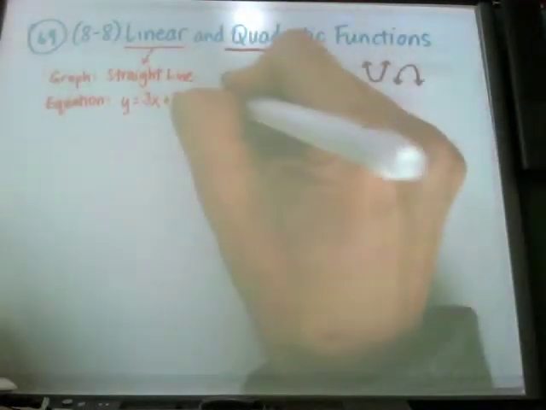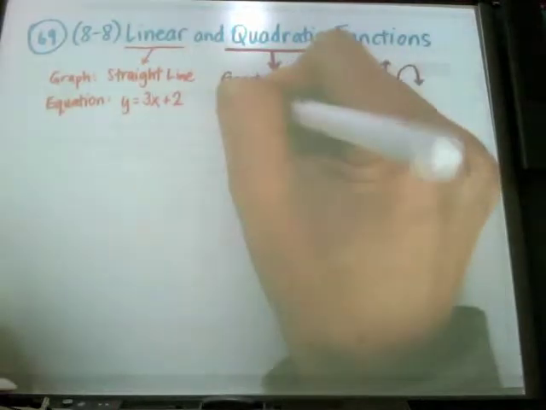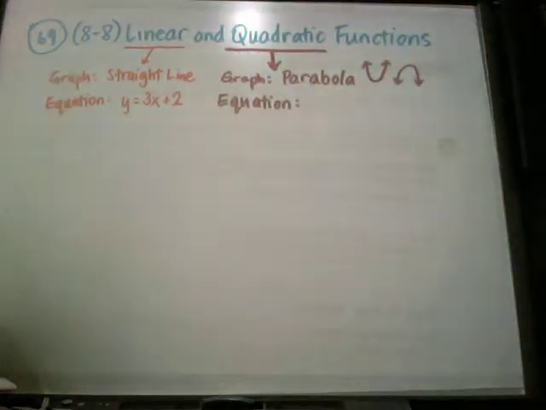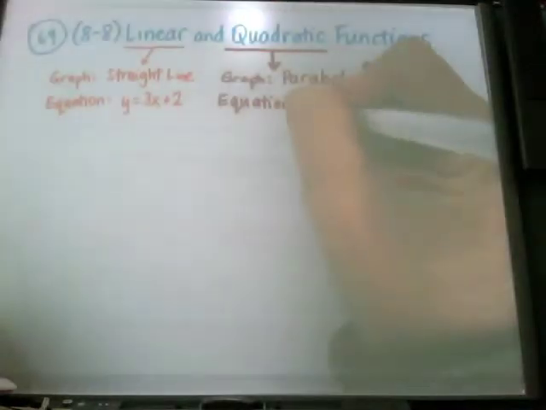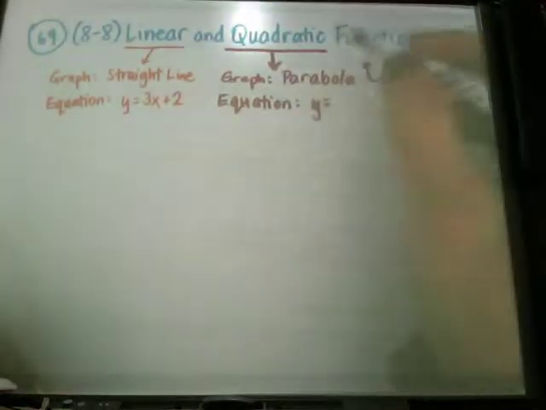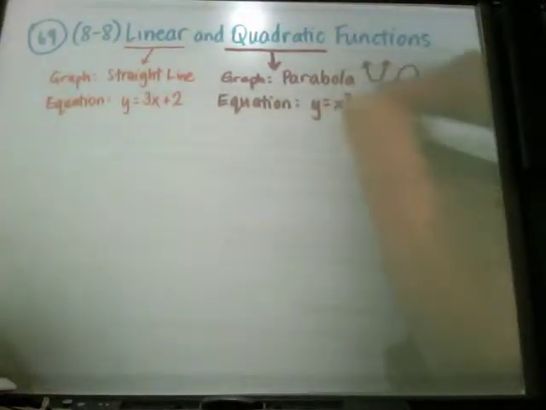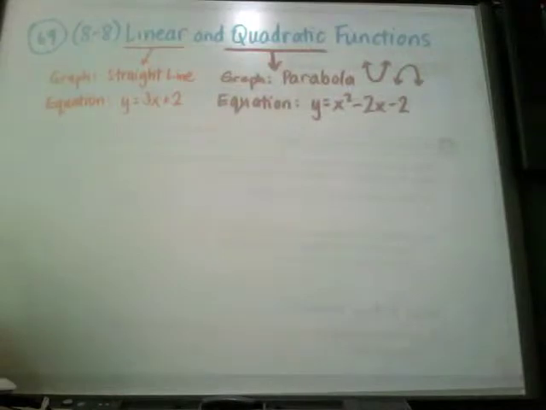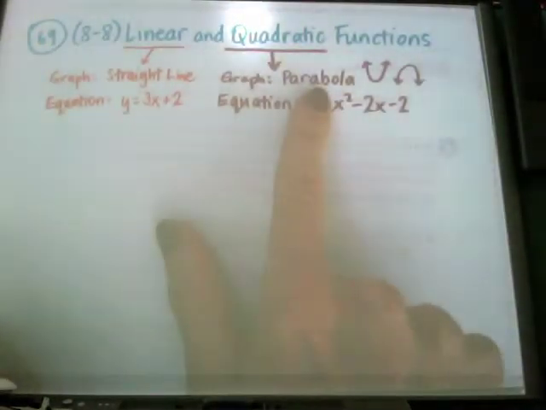Now, what does the equation look like? We have not graphed these yet. A sample of an equation: y equals x squared minus 2x minus 2. There's our good friend, the trinomial. Now, we've been looking at the trinomial as just an expression like this without a y equals.